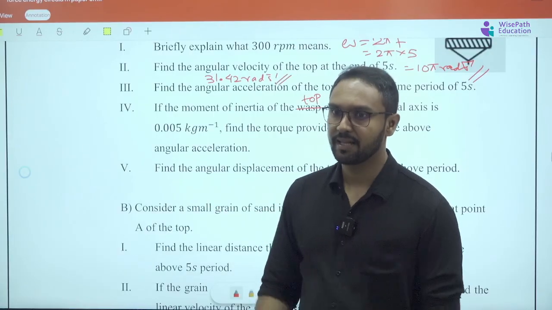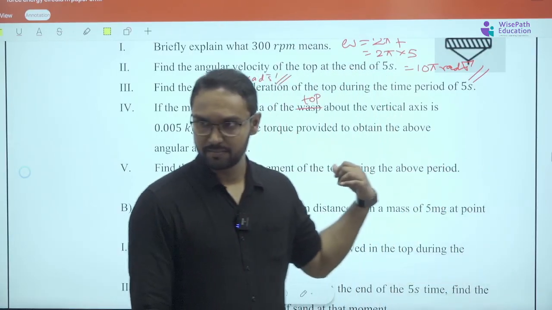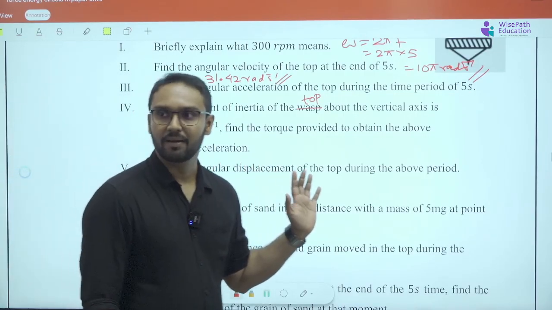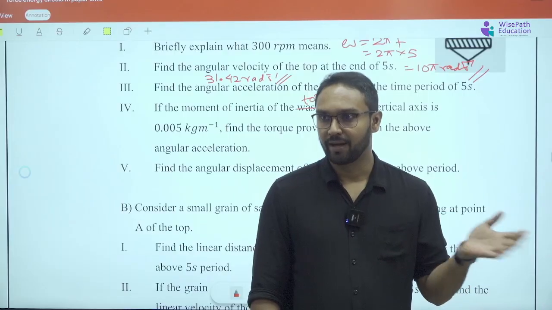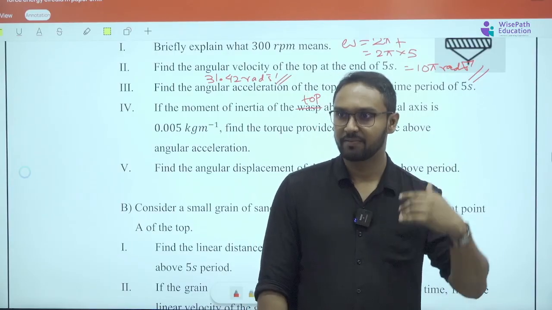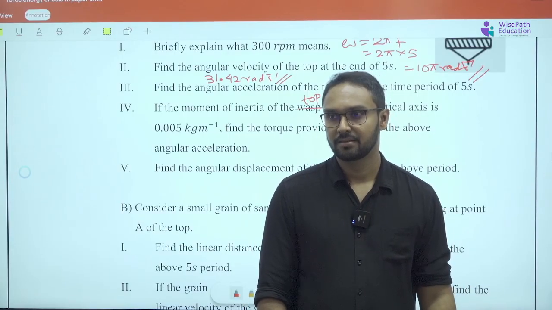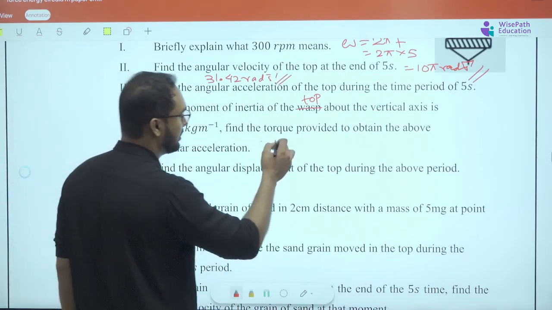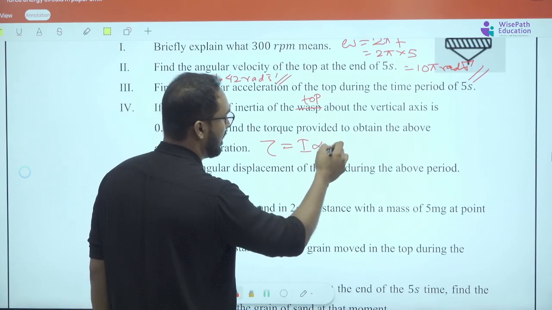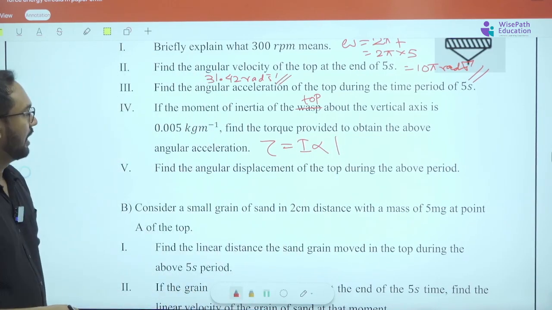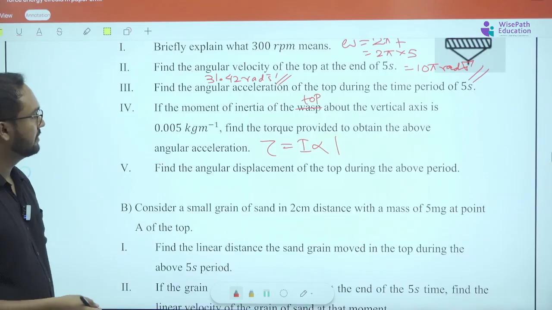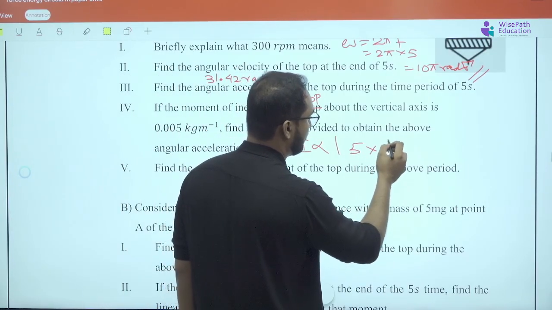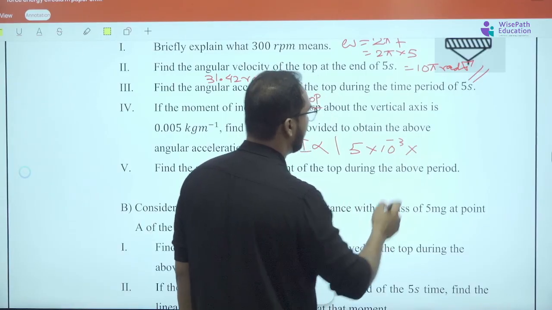Tau equals I alpha. You remember the equation is tau equals I alpha. So you have to find tau, and I is given. Alpha is the one that we found already. Now I is given as 0.005, that is 5 into 10 to the power minus 3, right? 5 into 10 to the power minus 3 into alpha.